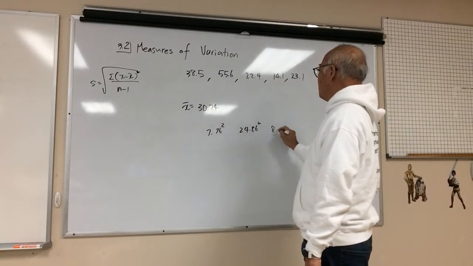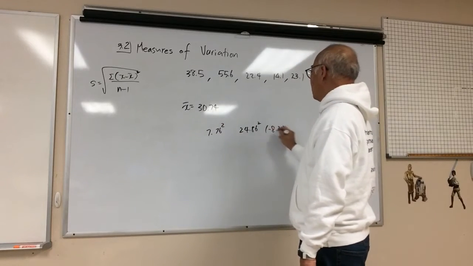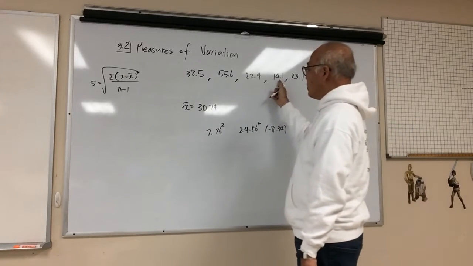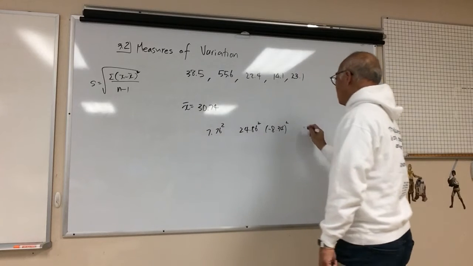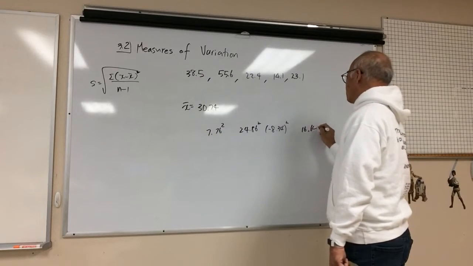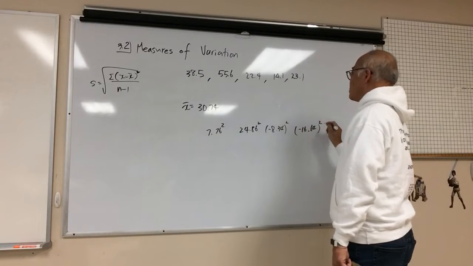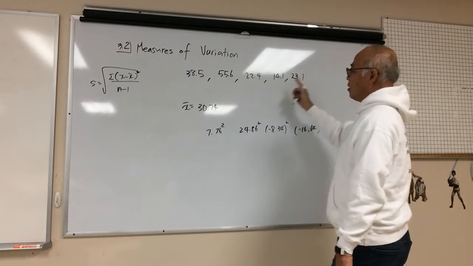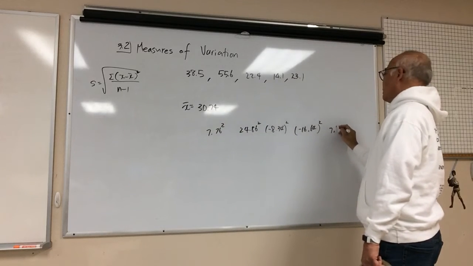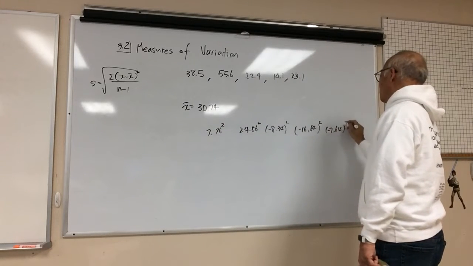I'm going to get 8.34 negative. Square that. I'm going to subtract from here this guy. I'm going to get 16.64 negative. Square that. From here, I'm going to subtract that. 7.64 negative. I'm going to square that.